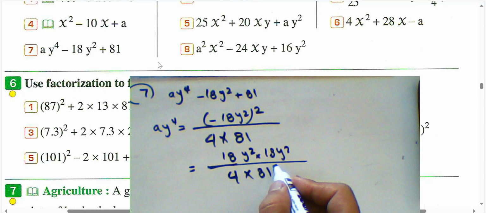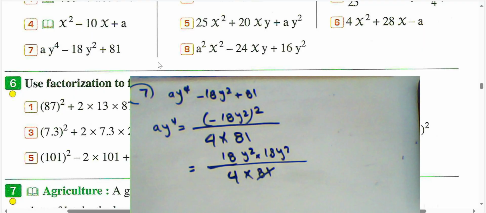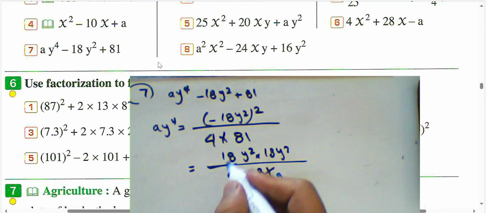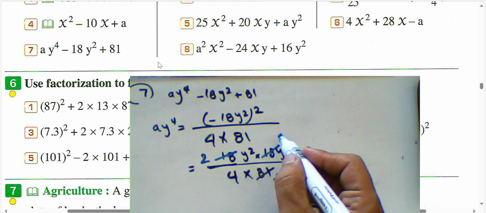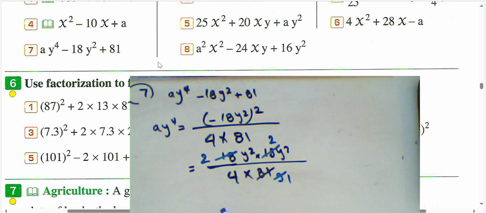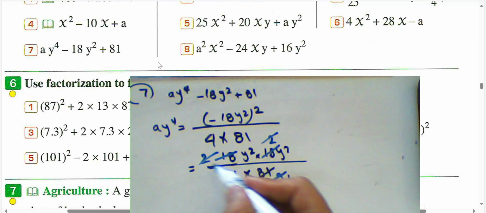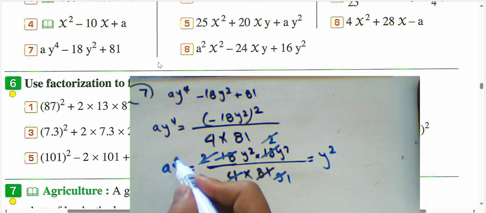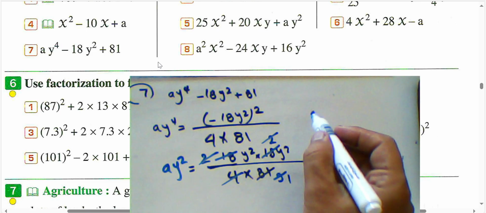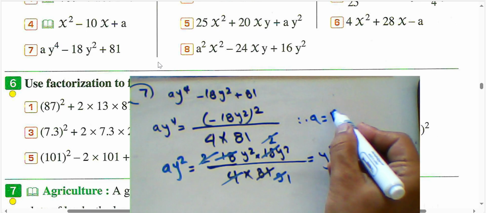We can simplify by dividing by 9. 81 divided by 9 equals 9, and 18 divided by 9 equals 2. 9 divided by 9 is 1, 18 divided by 9 equals 2, and then 2 times 2 is 4. 4 divided by 4 is 1. Then we have y power 2. Then ay power 4 equals y power 4, so the value of a, the coefficient, is 1.